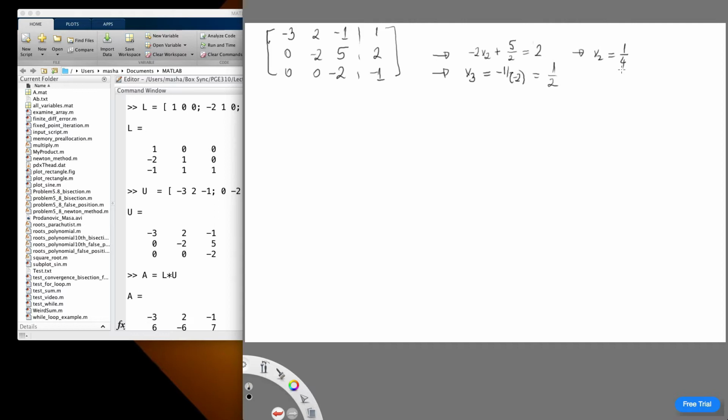Somebody check on me. And then I put both of these into my first equation. So I'm going to have minus 3x1 plus 2 times 1 over 4 and minus 1 times 1 over 2 is equal to 1.